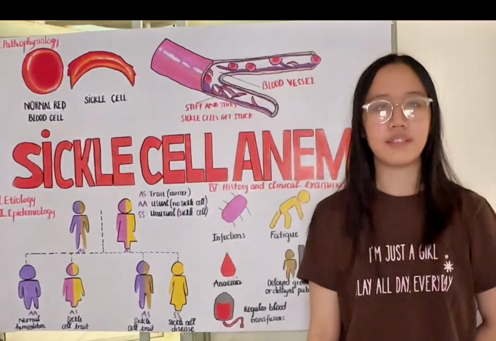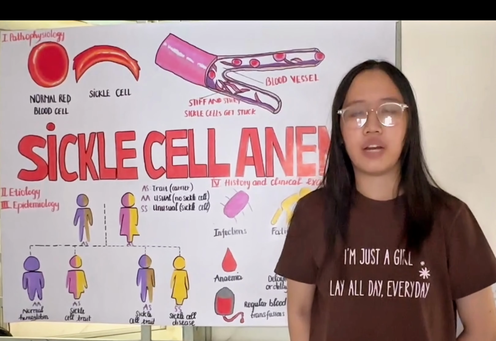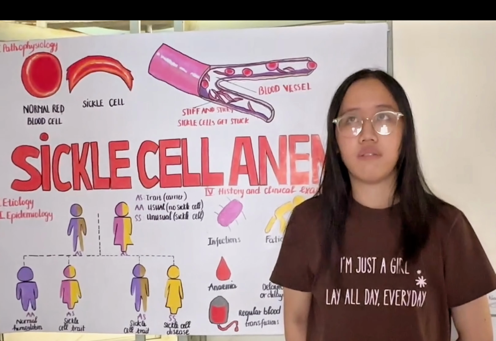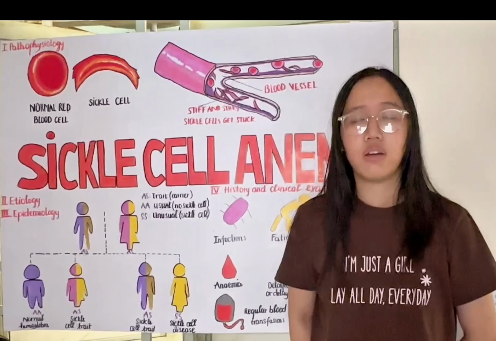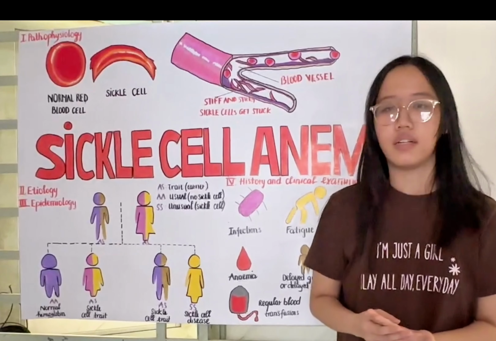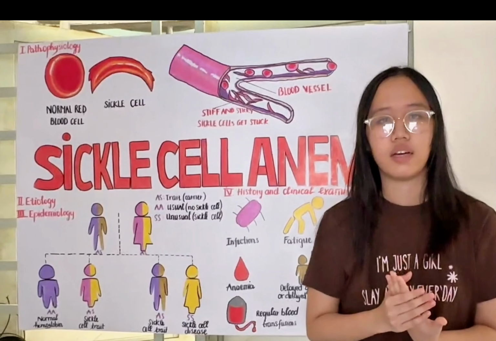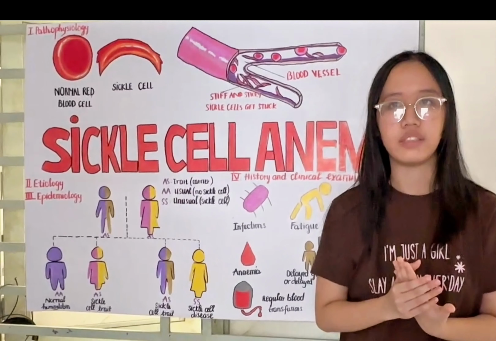These genes make a hemoglobin protein we call hemoglobin S. Sickle cell disease can also occur when a child inherits a gene for hemoglobin S from one parent and a gene for a different type of faulty hemoglobin from the other parent, such as beta thalassemia or hemoglobin C.